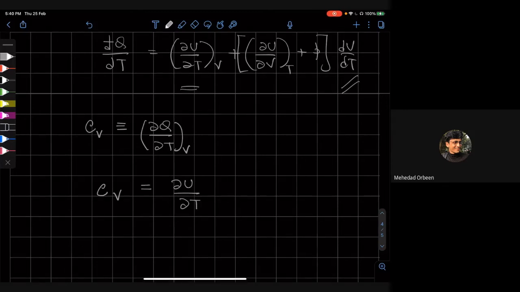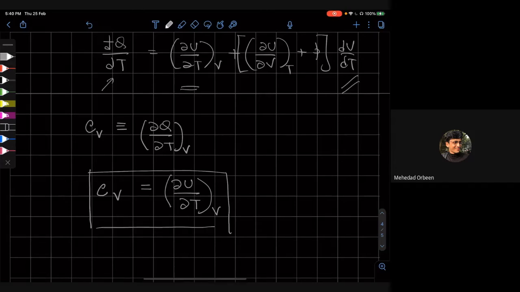Of course, in this case, this would be just a partial derivative. So this is the expression for the first heat capacity.